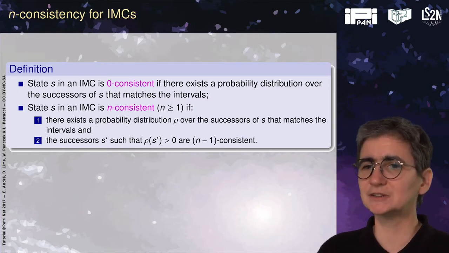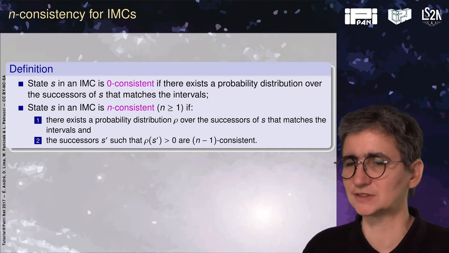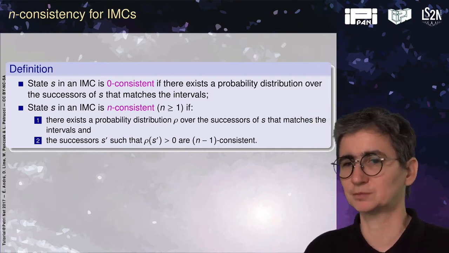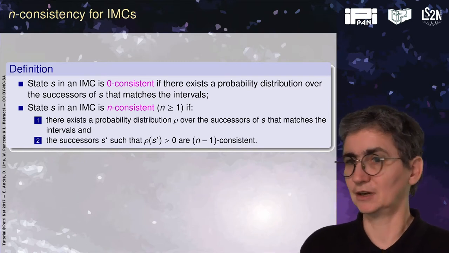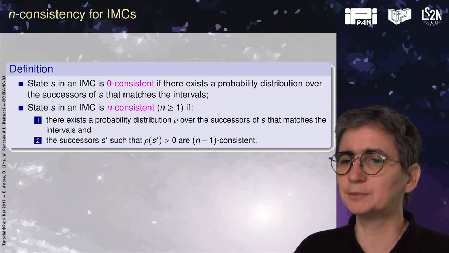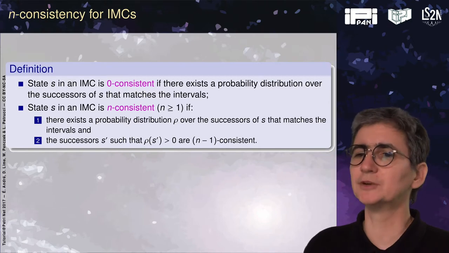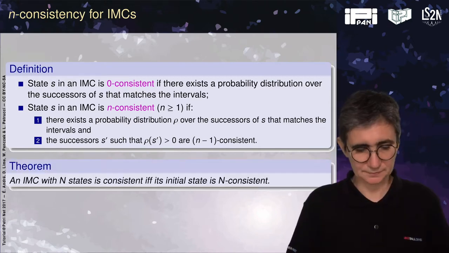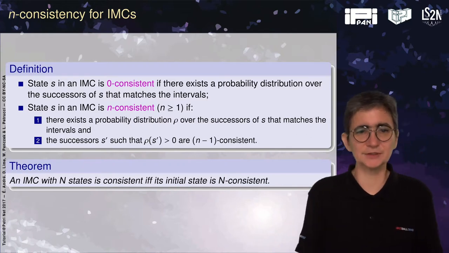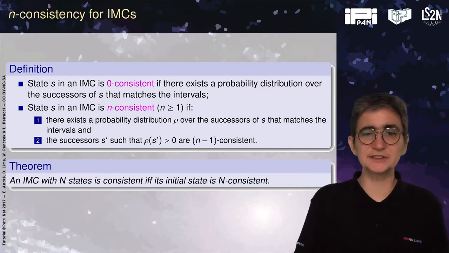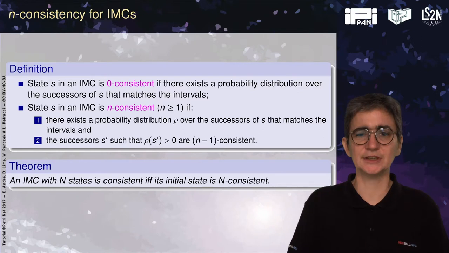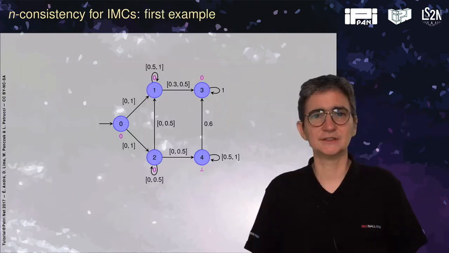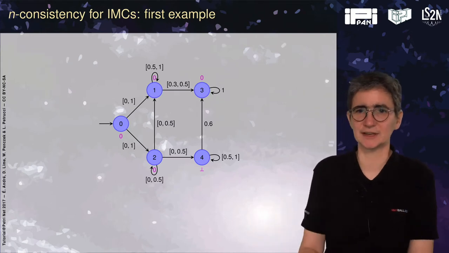So if I'm in a state S, I can go to a state S prime with a strictly positive probability, and this S prime must be n-1 consistent. An interval Markov chain with n states is consistent if its initial state is n consistent. So let's take a first example.